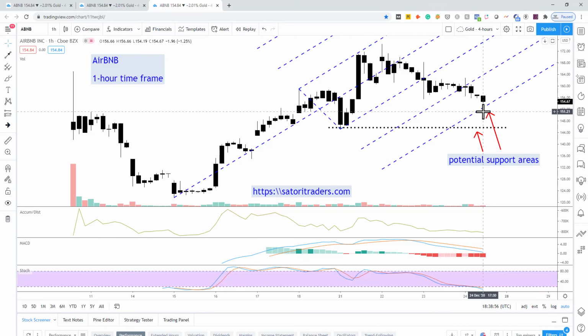And of course now, this was on the close yesterday, we've got price coming down into what would be our second lower extension line of the Andrews pitchfork. And so we've got a potential support area there. If that doesn't hold, we come down to this prior low as another potential support area.